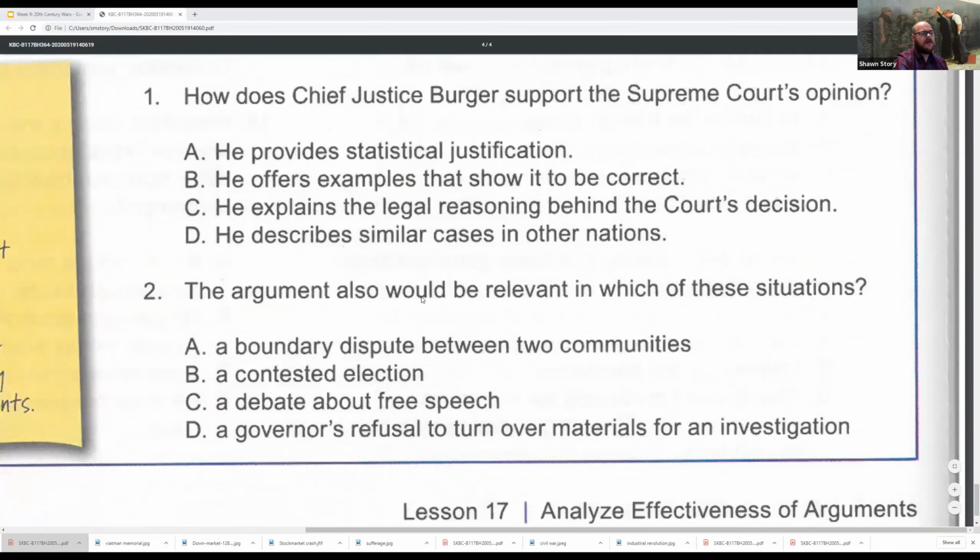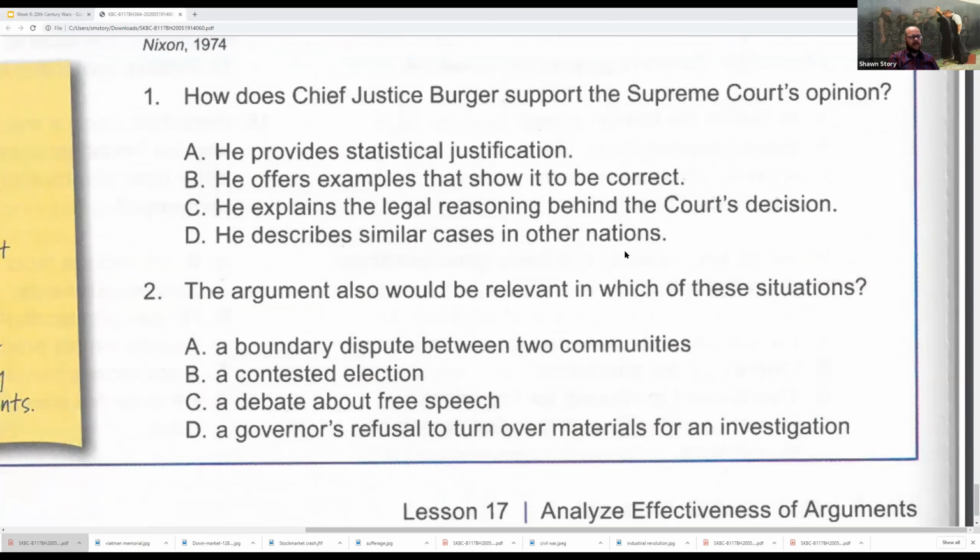The argument also would be relevant in which of these situations? A boundary dispute between two communities, a contested election, a debate about free speech, the governor's refusal to turn over material for an investigation. So again, we have to think critically. We're talking about the President of the United States, because it's Richard Nixon.